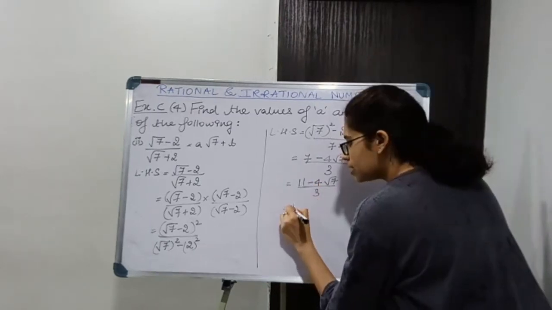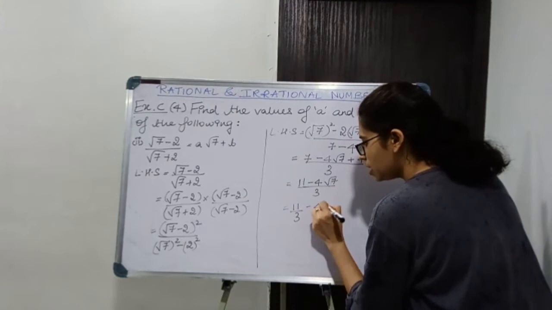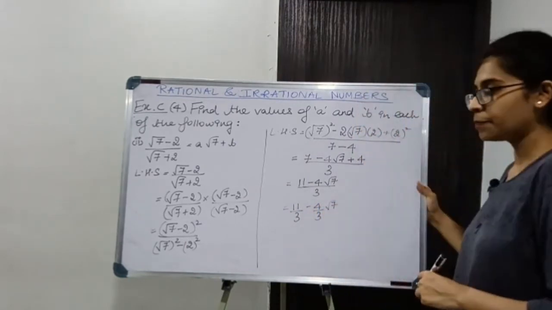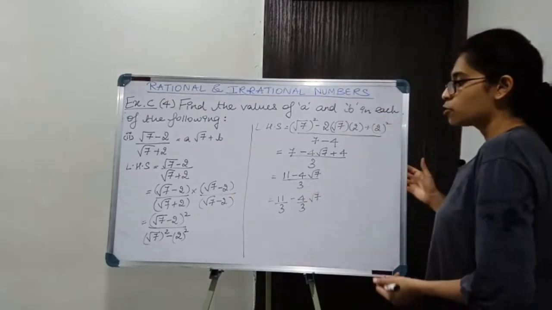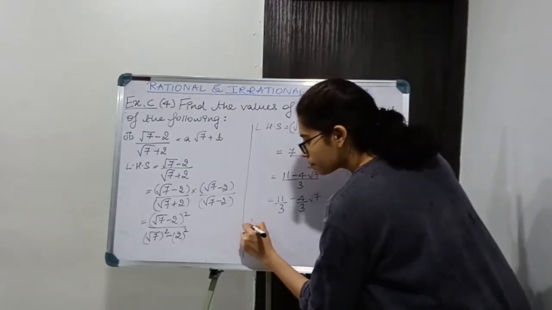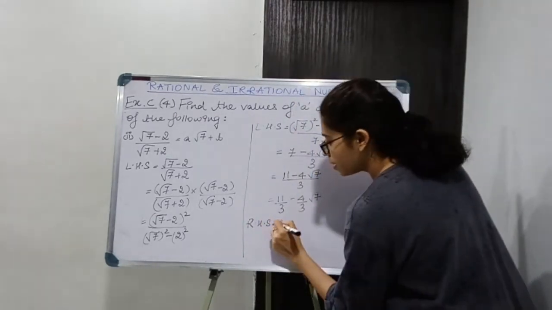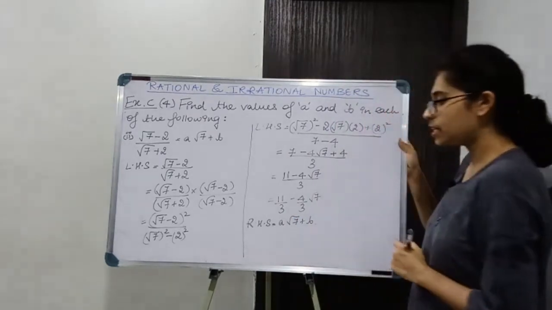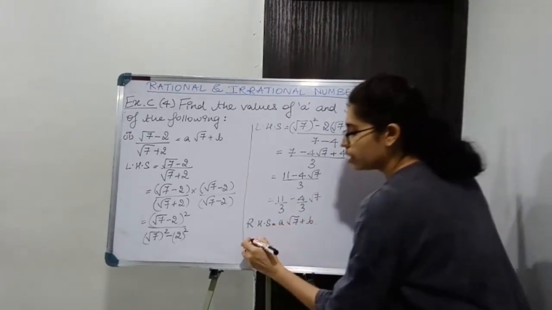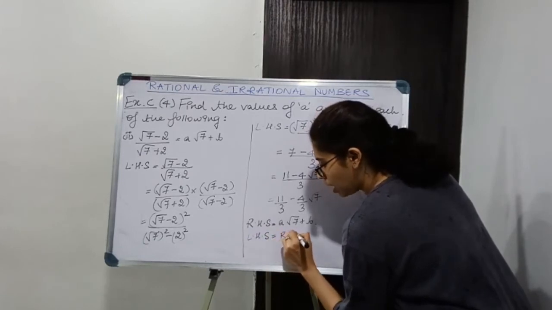I can write it like this: 11 by 3 minus 4 by 3 root 7. Now I can compare it with the RHS. So RHS में we have a root 7 plus b. Now LHS is equal to RHS.